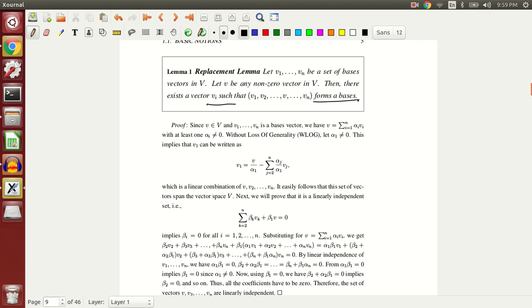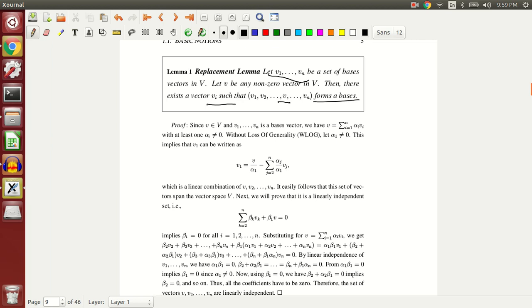Now what are we trying to do? We are saying that there is a set here which forms the basis, the minimum number of vectors which span the vector space. And let's suppose that we replace one of the vectors with v. This also, which is part of vector space V, forms the basis.